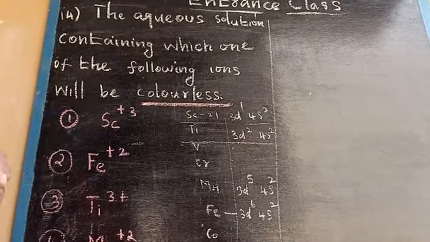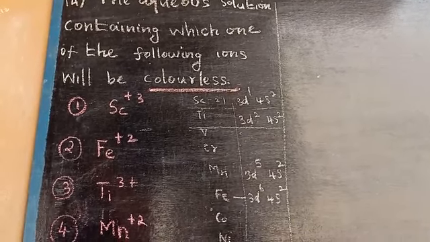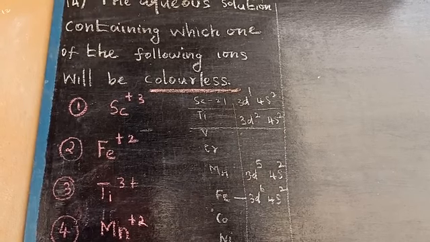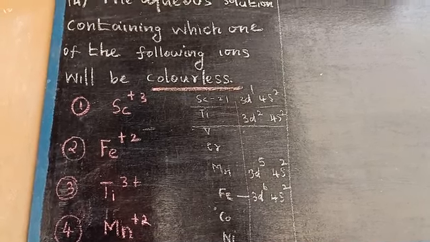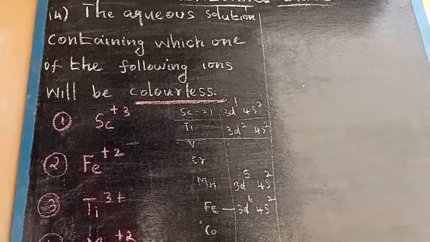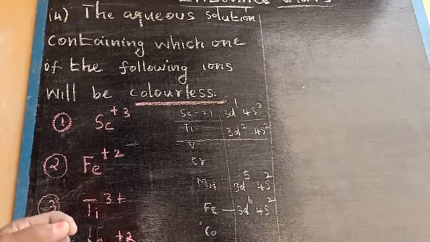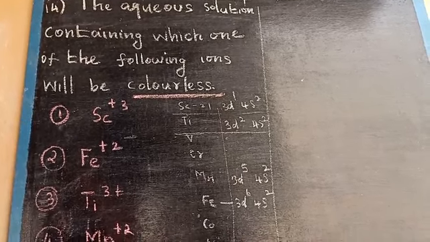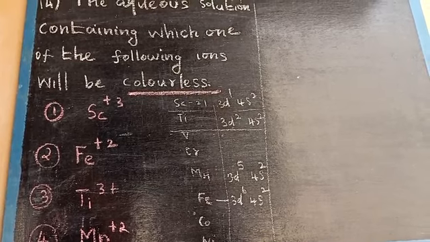Now the transition elements are mostly colored substances. If it is colored, the assumption is that it contains unpaired electrons. If the element, especially a transition element, has no unpaired electrons, it is colorless. This is the concept, children.